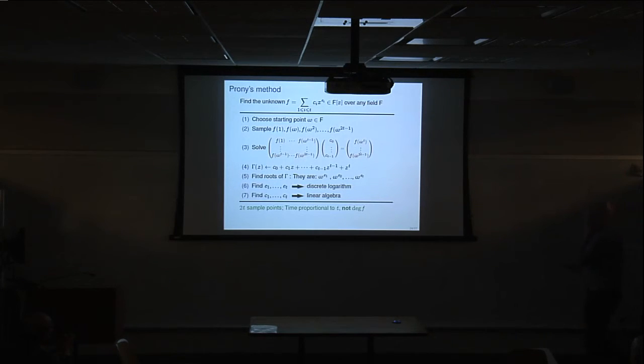Say, okay, well, Mark, why would you turn that into a polynomial? Or Baron de Prony, why would you turn it into a polynomial? Because then you can find the roots of that polynomial, and the roots of that polynomial turn out to be precisely the powers of the initial point you chose, and the powers that you find are exactly the exponents in your polynomial.